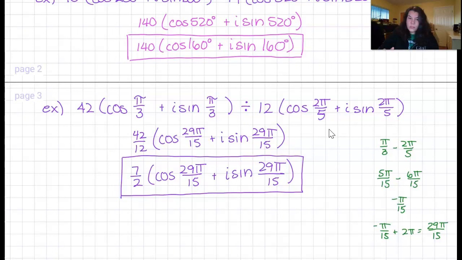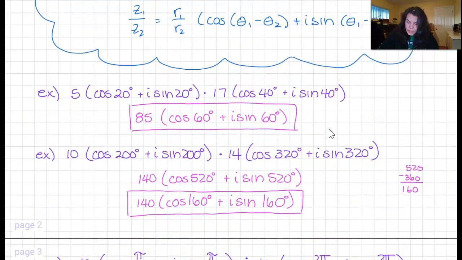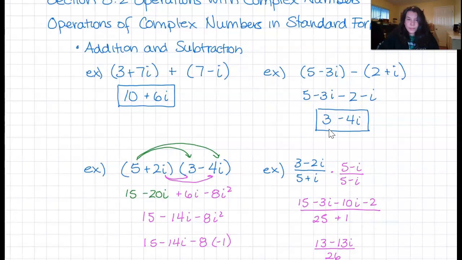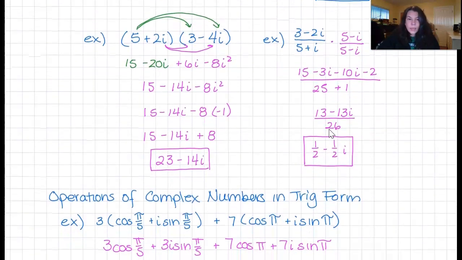So let's just quickly recap. 4 operations: addition, subtraction, multiplication, and division. If you are in standard form, addition and subtraction, definitely the way to go. These are much easier when it's in standard form. Multiplying and dividing, yeah, kind of a toss-up.